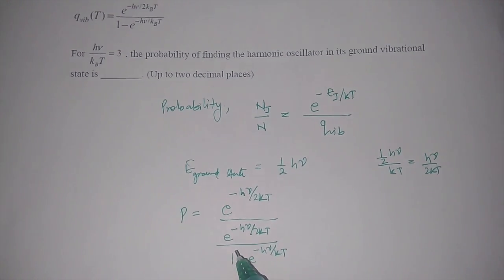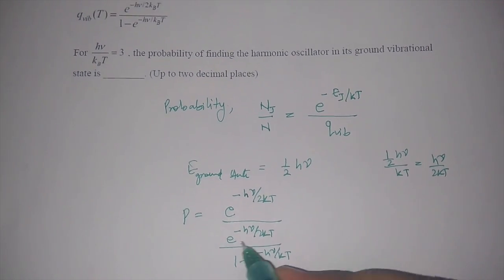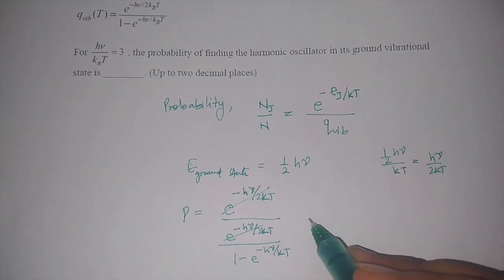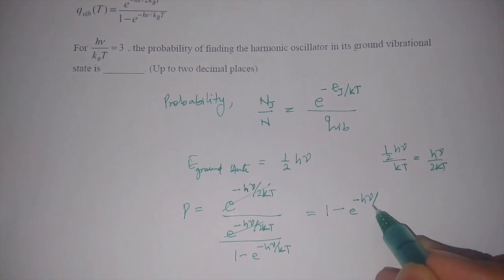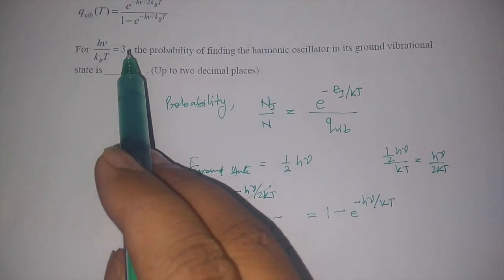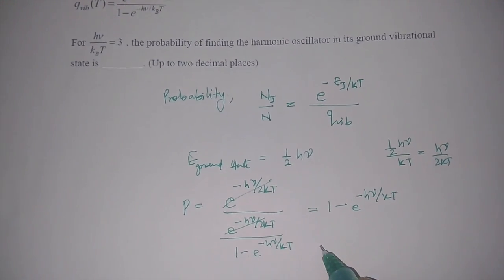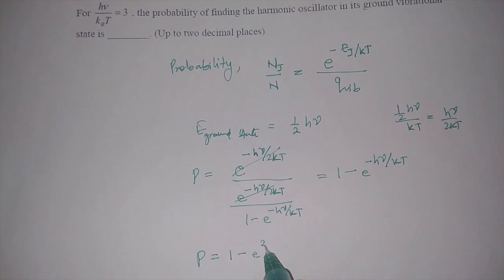We all know that this term and this term will cancel out, and the denominator will come upside. It will be 1 minus e to the power minus h nu by kT, and the value of h nu by kT is given in the question, you have to take it as 3.